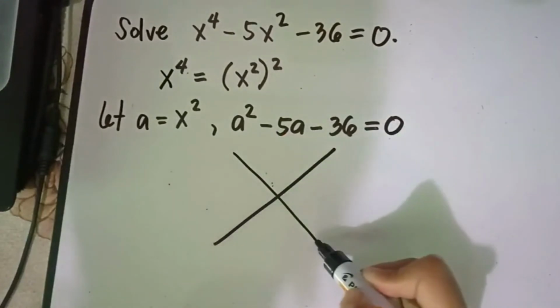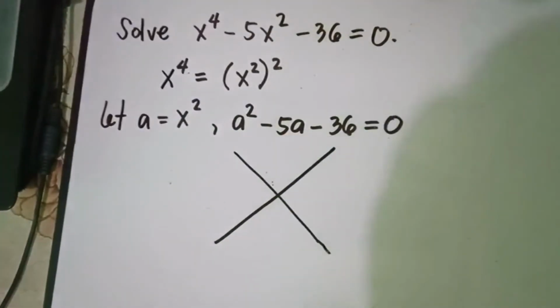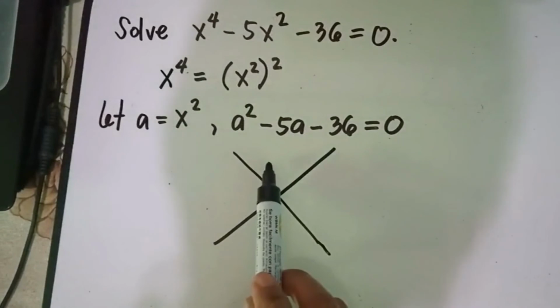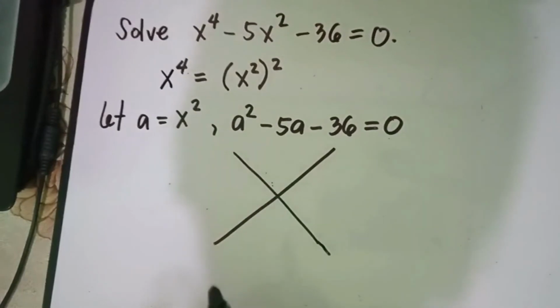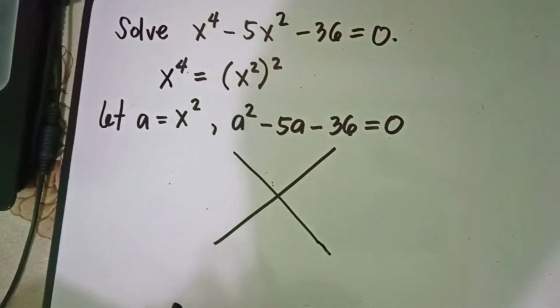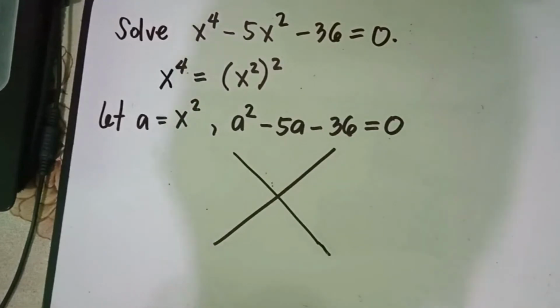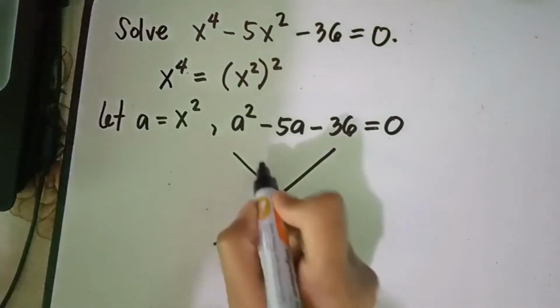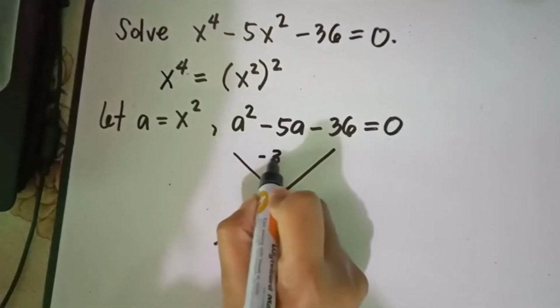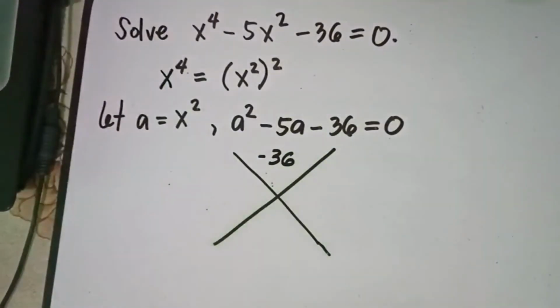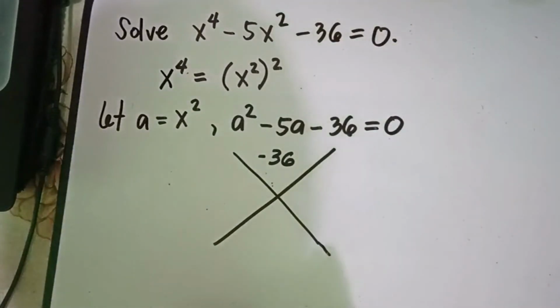Okay, naaalala nyo pa ba? Anong ilalagay natin dito sa taas? The product of a and c. Since our a is 1 and our c is negative 36, so 1 times negative 36 is negative 36. So, negative 36 dyan.